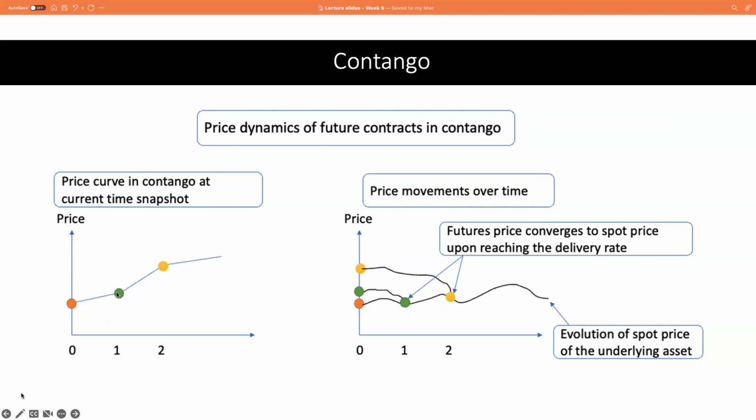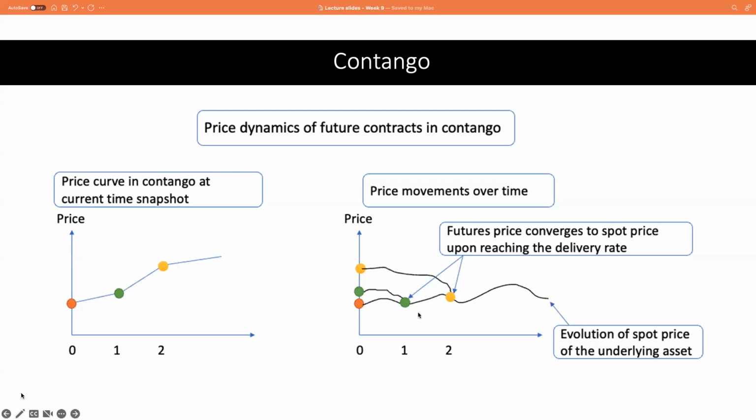This is a longer maturity, for example, in 2 months, in 3 months, right? So this is the price of the futures contract at the current time point, with no maturity. In other words, this point represents the spot price of the underlying assets. So the further we go into the future, the more expensive the futures contract is, right? That's what happens in contango.